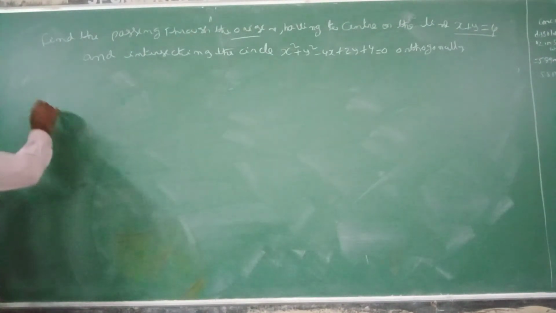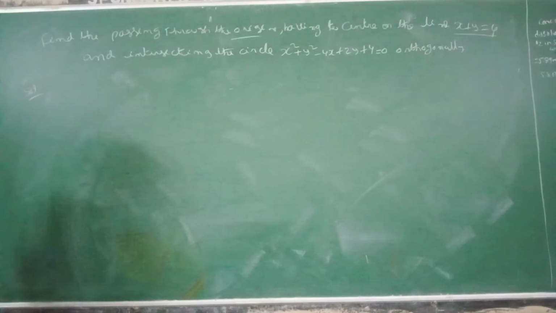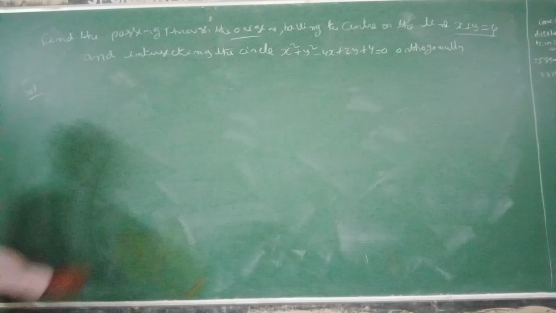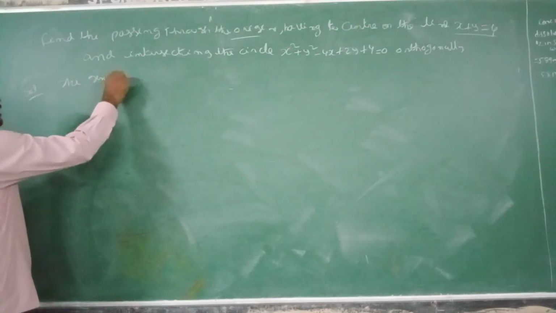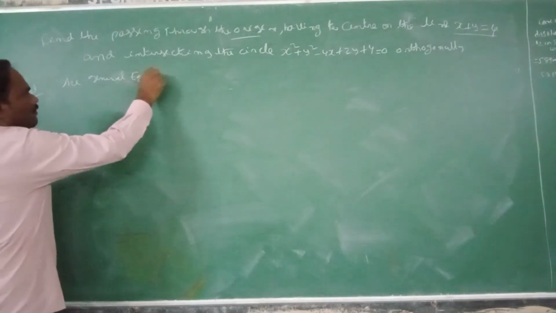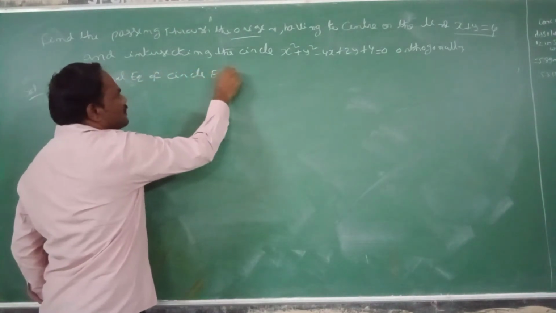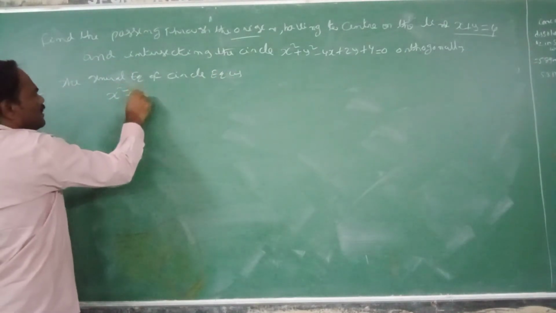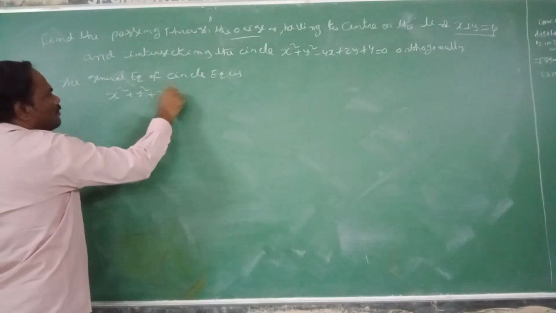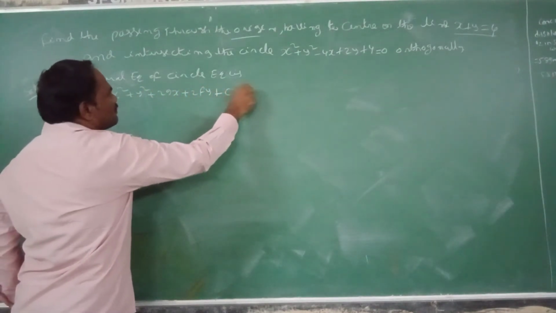For that purpose we take the general equation of the circle, which is x square plus y square plus 2gx plus 2fy plus c is equal to 0.